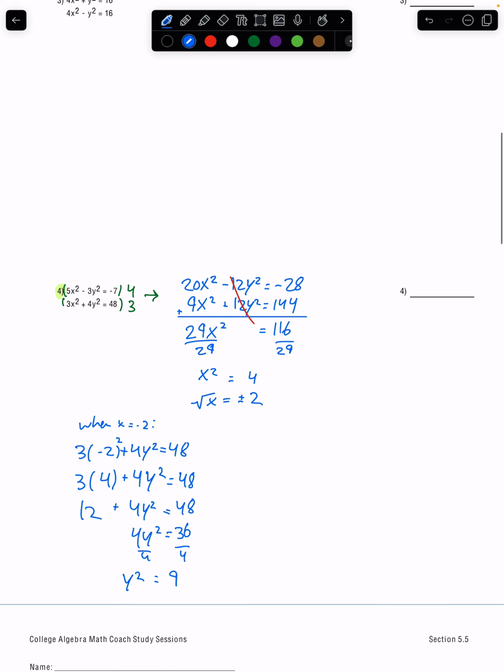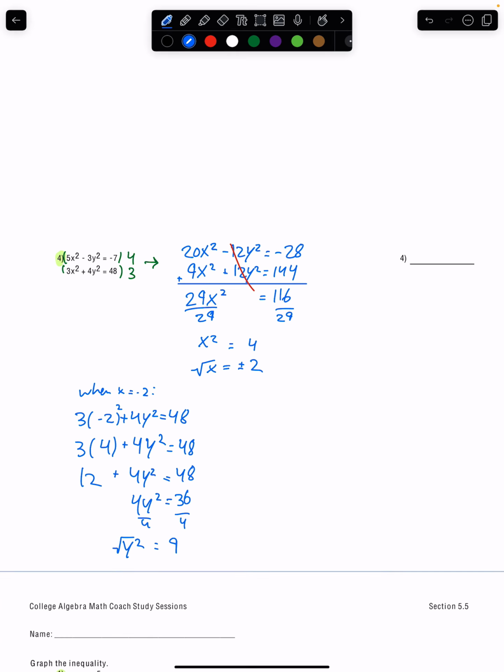And then take the square root. And get y equals plus or minus 3. Since it's plus or minus, that means we have 2 points. We have -2, comma 3, -2, comma -3.